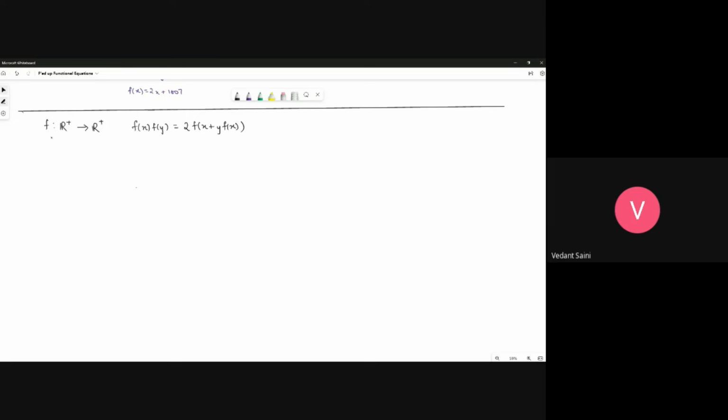So any guesses for the function? One guess is pretty obvious: a constant solution. The solution is a constant solution. I'll give you till 7:55 to make some progress.